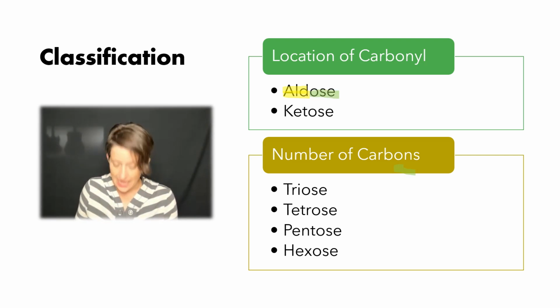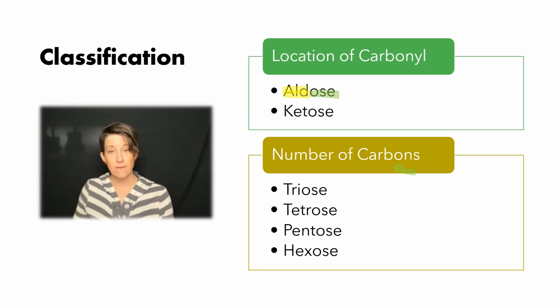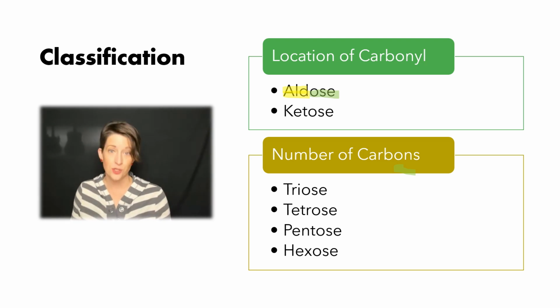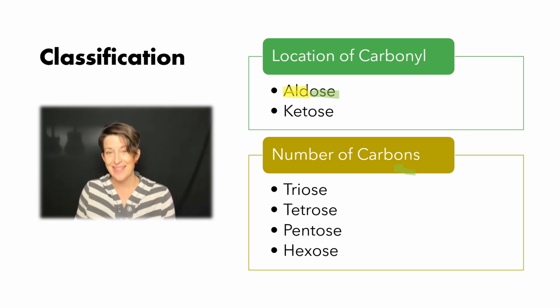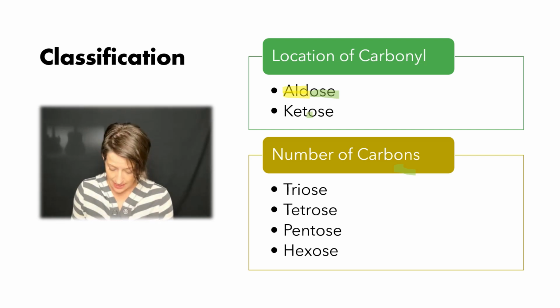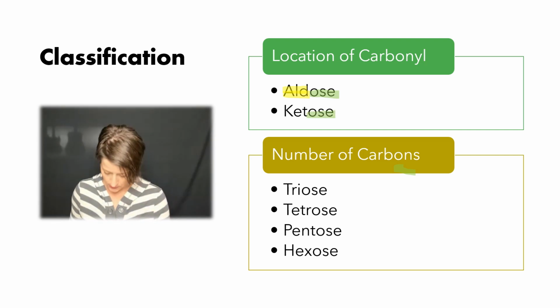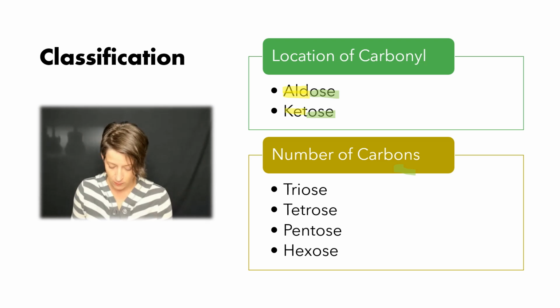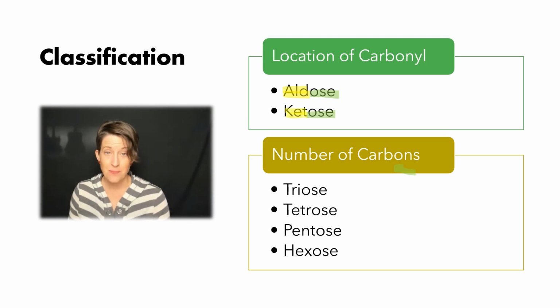The OSE is the suffix we use for sugars. So aldose is a monosaccharide that has an aldehyde group. So if our monosaccharide, as identified by OSE, has ket before it, ketose, that monosaccharide has a ketone in its structure.